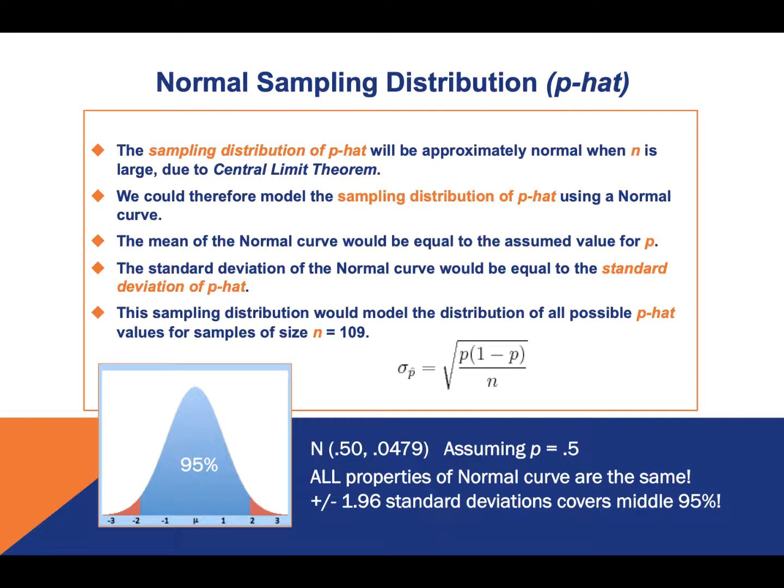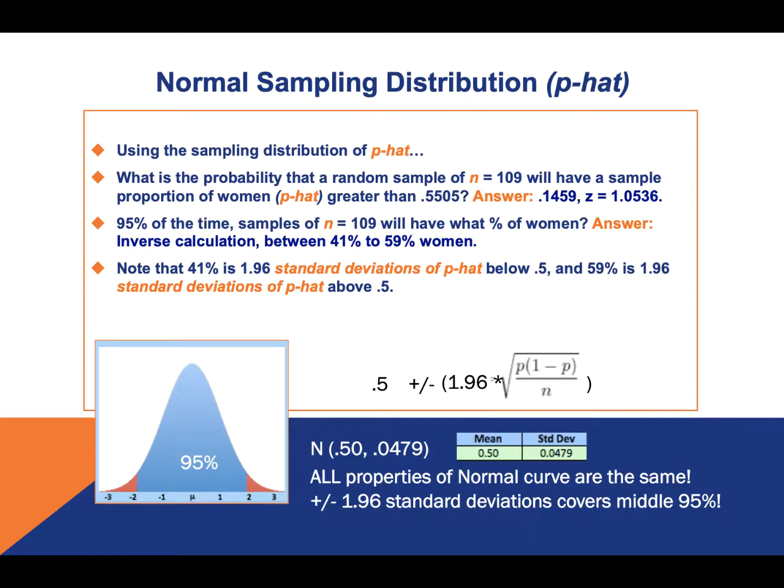It's important to note that all properties of the normal curve are the same. For example, the middle 95% is covered by the range plus or minus 1.96 standard deviations. We can use our normal sampling distribution of p-hat to make probability statements. This requires that we assume a value for p, the population proportion, and here we're using 0.5.